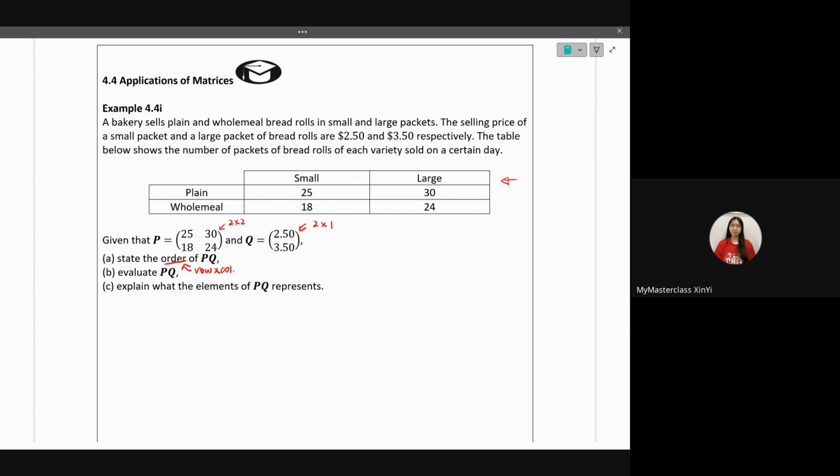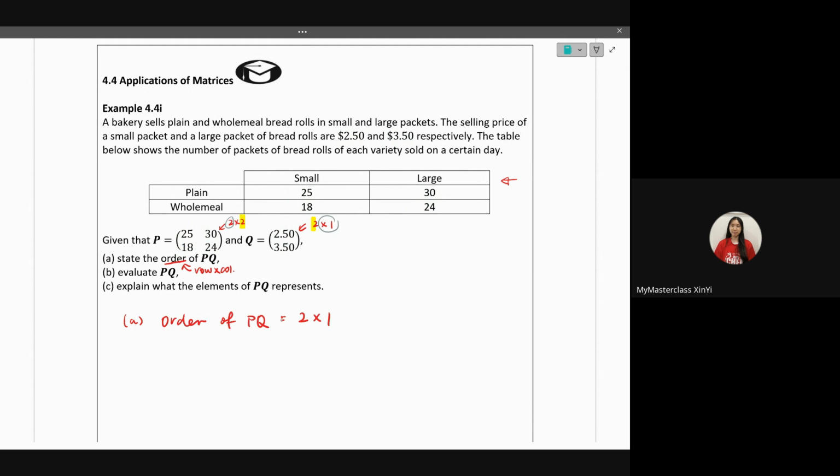When you do matrix multiplication, make sure the middle numbers align first. Then your PQ would be 2 by 1. So for part A, the order of PQ would be 2 by 1.